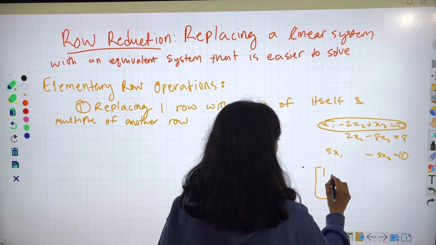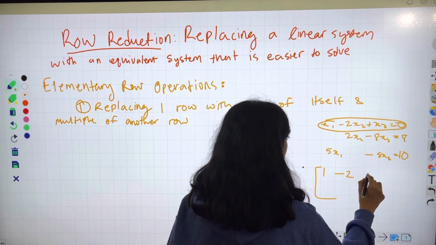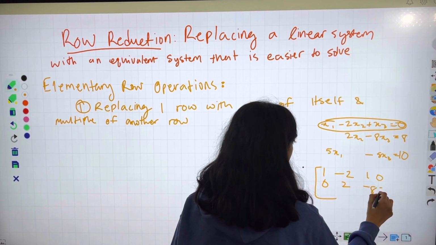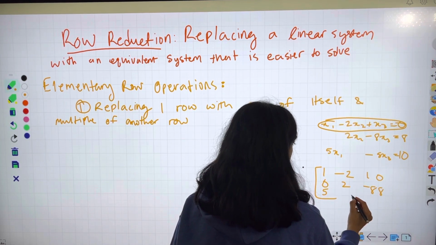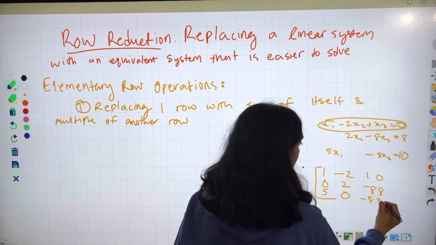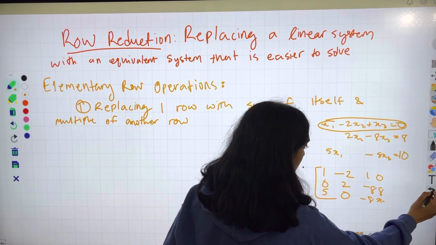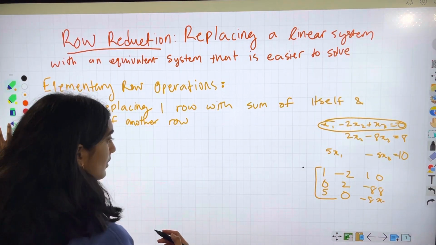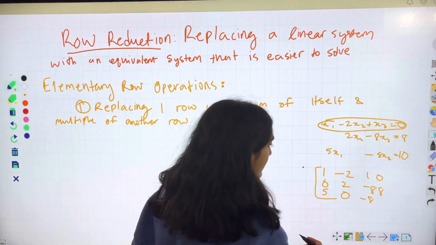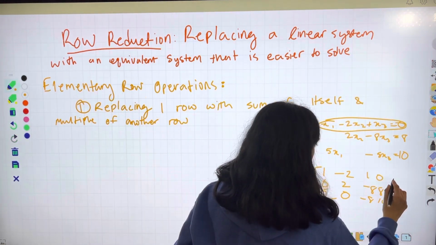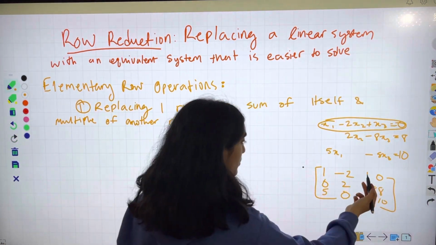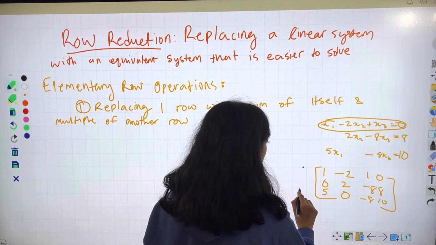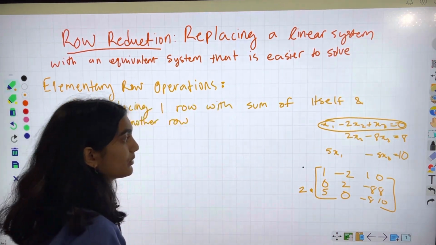So essentially replace this 1, -2, 1, 0 with something else, like 2 times the third row, the third equation.